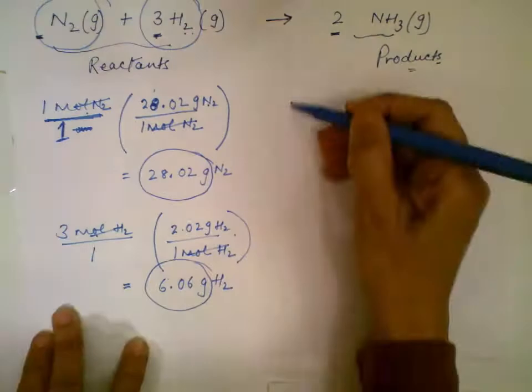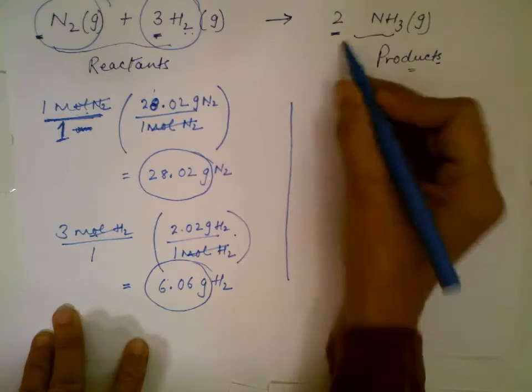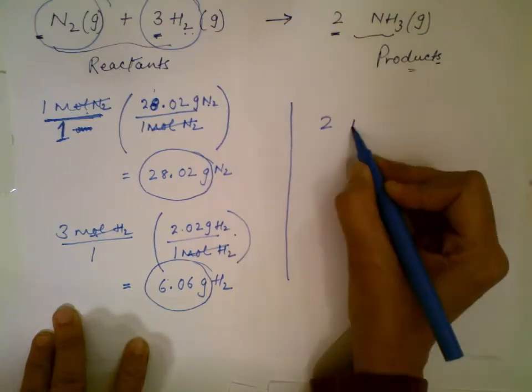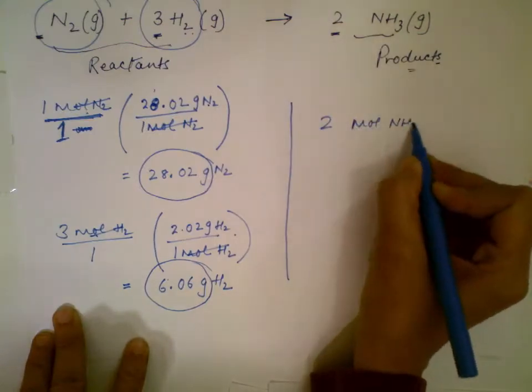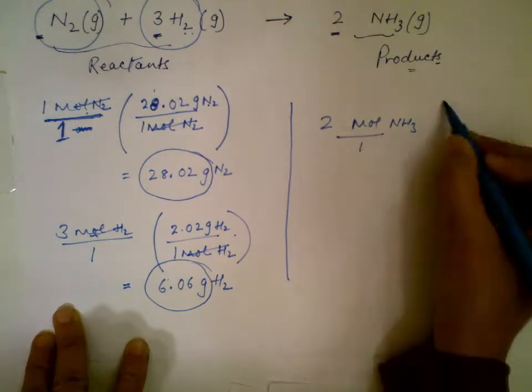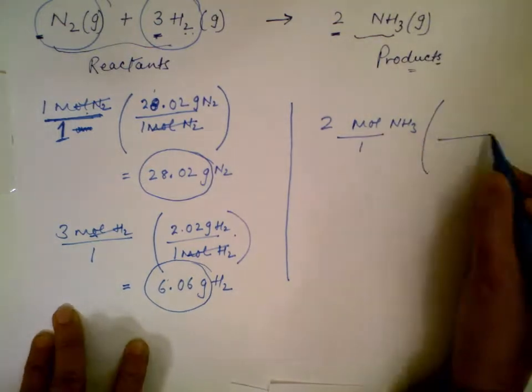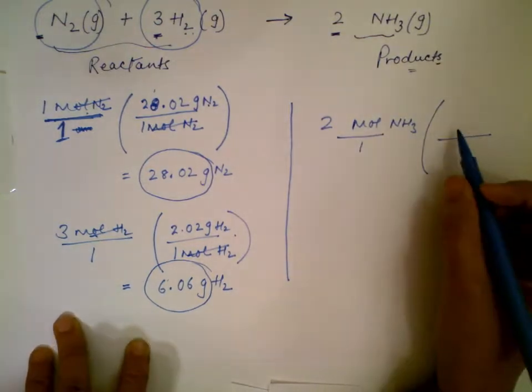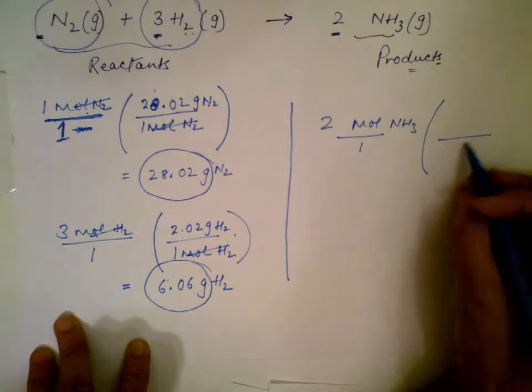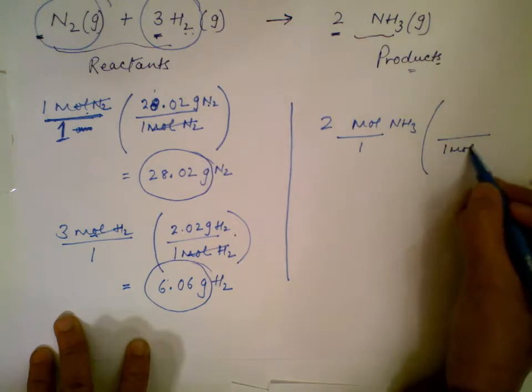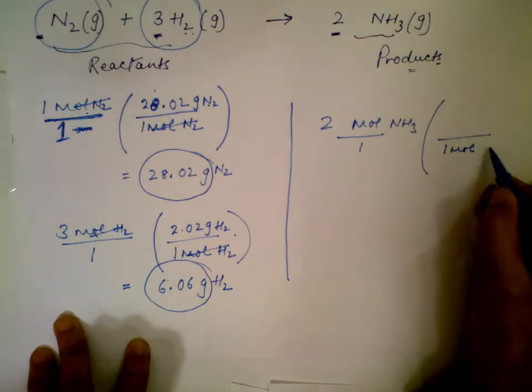Here on the product side, you start out with the given, which is 2 moles of ammonia. All right. And then use the conversion factor. We don't want the moles in our answer. What do we want? We want the grams, the mass. That's what we are working on. We are converting moles to mass.